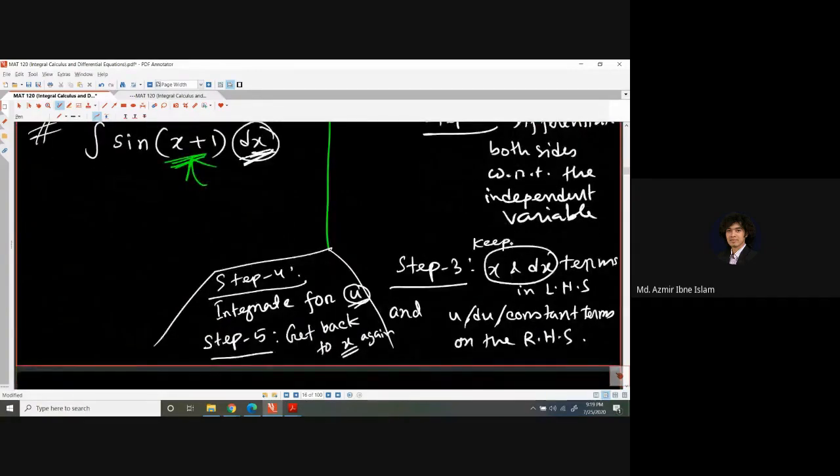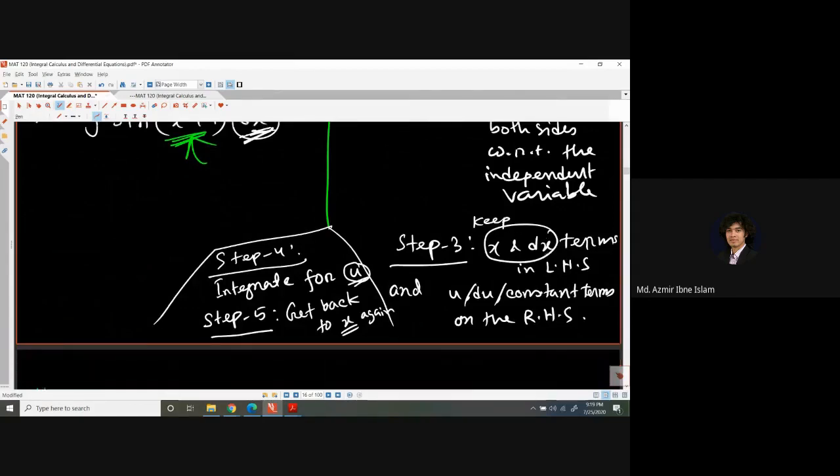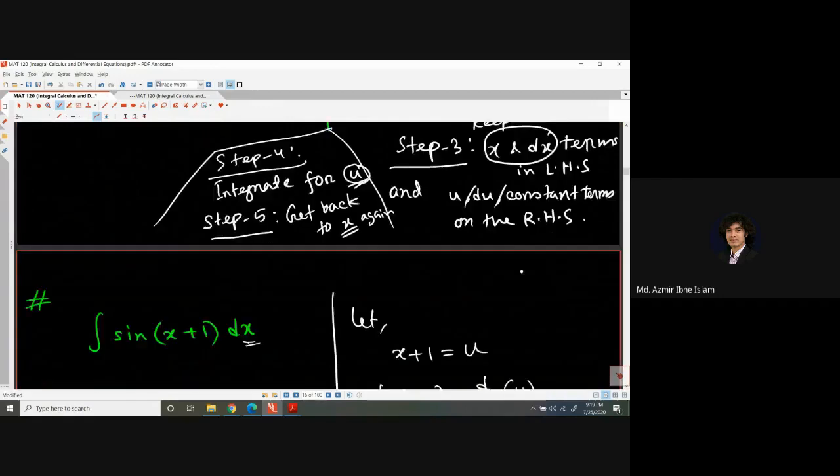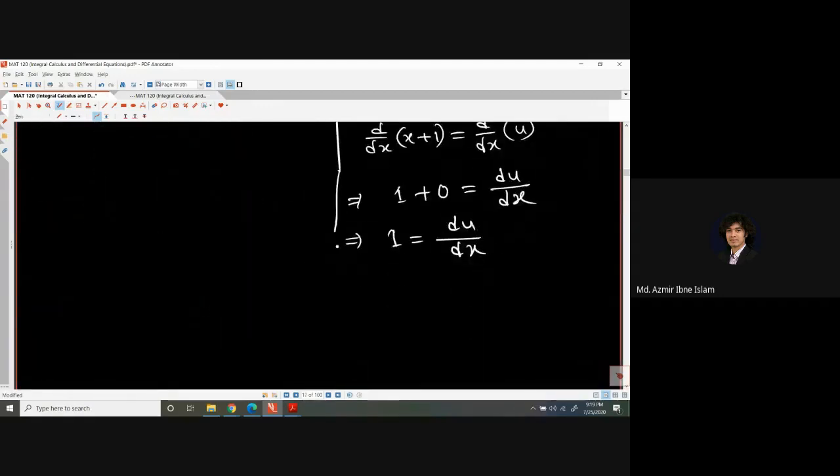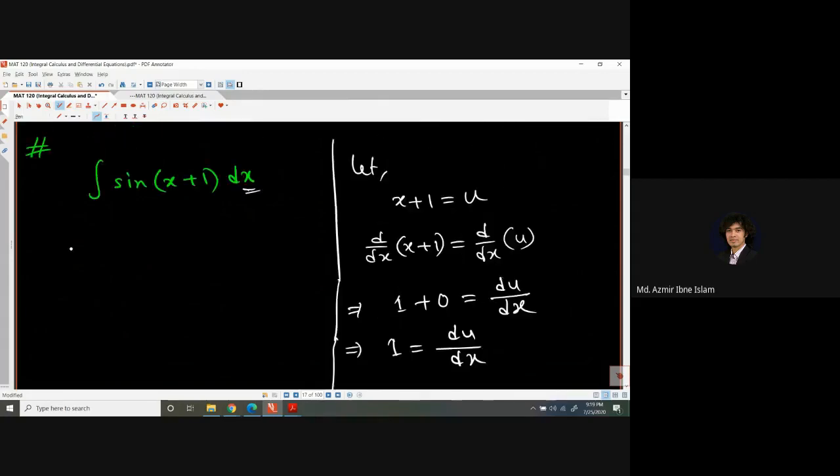Step 3, keep x and dx terms, that means all x terms should be kept on the left side and all u terms or constant terms should be kept on the right side. So I am keeping dx terms on the left side and du on the right side. Now in the integration of sine, we have considered x plus 1 as the variable u, and at the same time dx is converted to du.